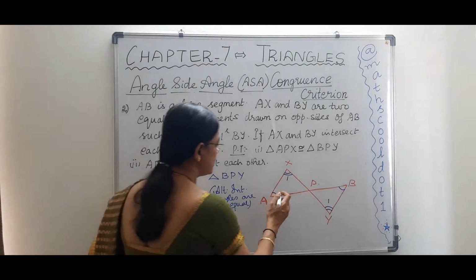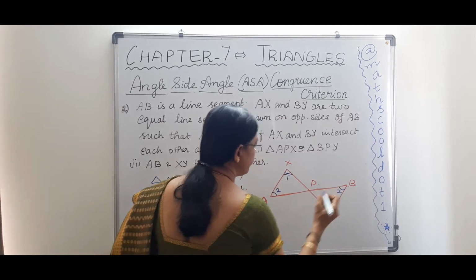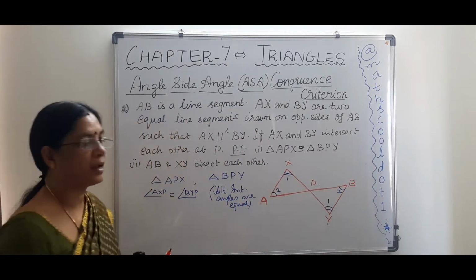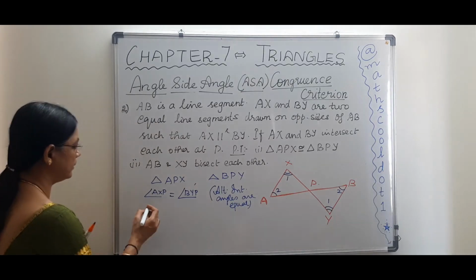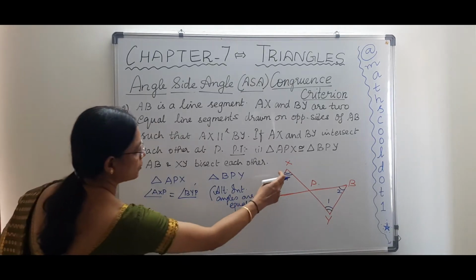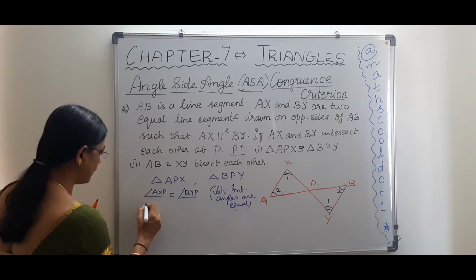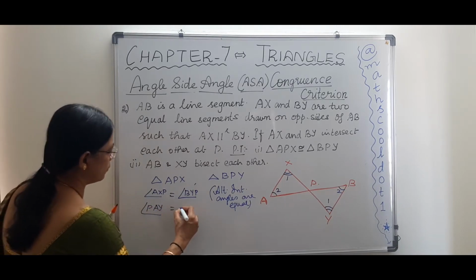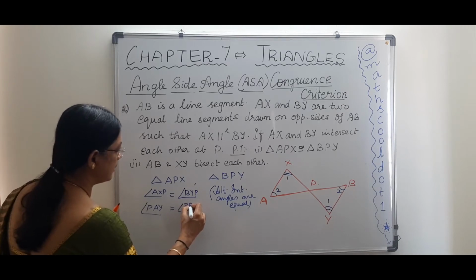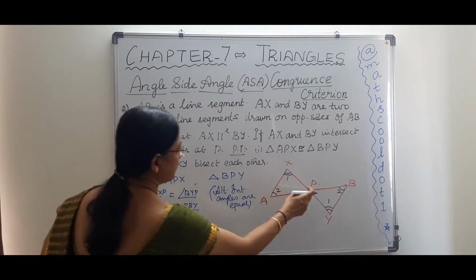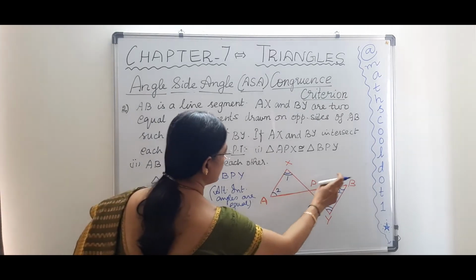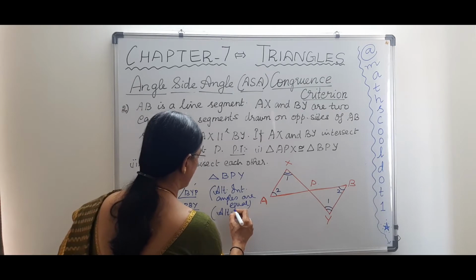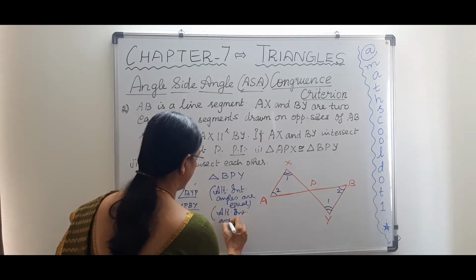Yes, these two angles, let me name it as 2. Okay, so these two alternate interior angles are equal. Now we'll write the statement for it. So what is this angle? I'll write angle PAY is equal to angle PBY. Why? Because they are alternate interior angles.